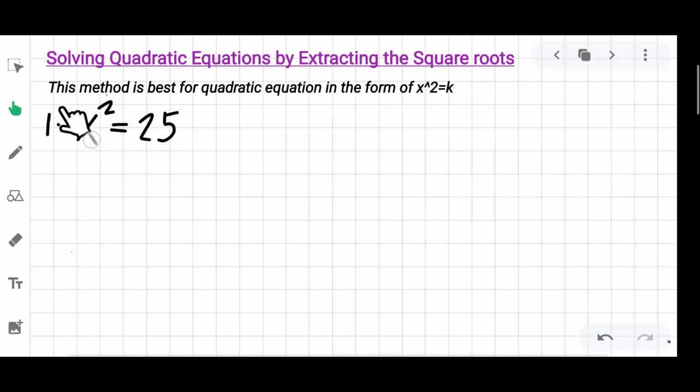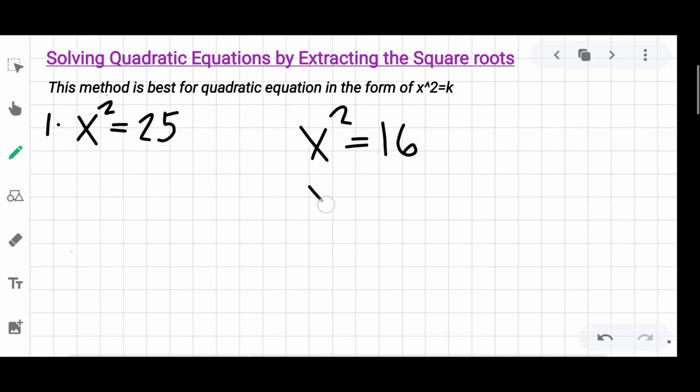So, ang sabi dito, this method is best for quadratic equation in the form of x squared equals k. So, ang sabi niya, madaling gamitin ang extracting the square root kapag ganito ang itsura. X squared is equal to k. Let's say, for example, we have x squared equals 16.